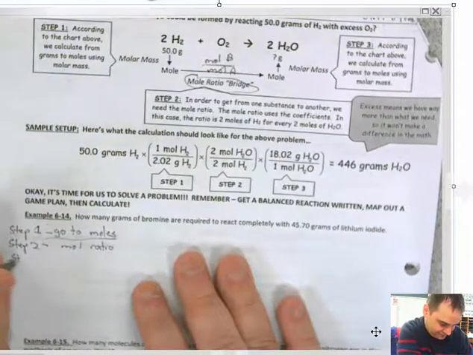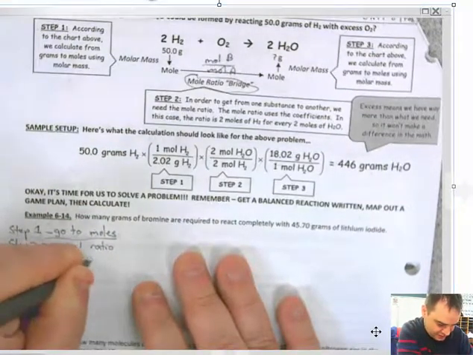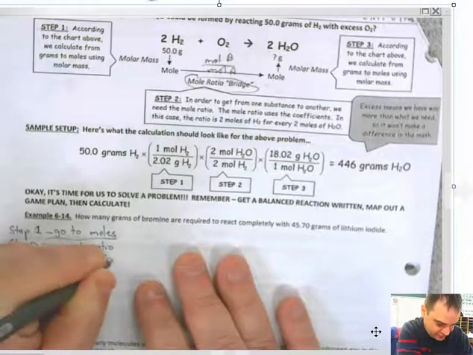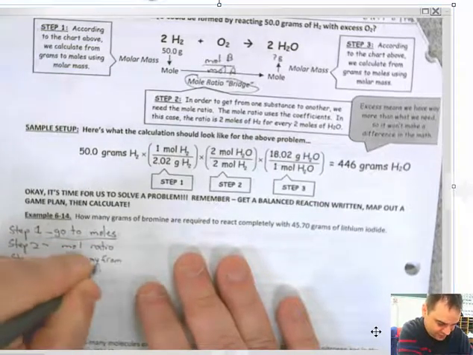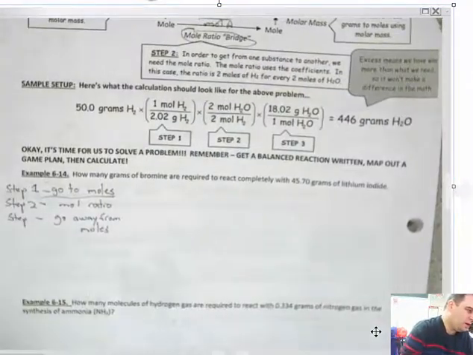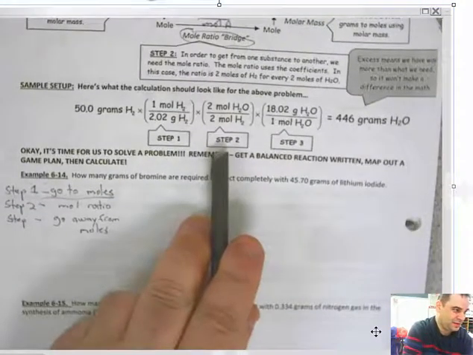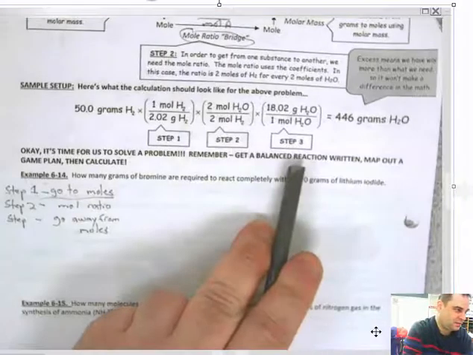Step 3. Go away from moles. That is how I solve all difficult stoichiometry problems. Step 1, go to moles, because it's the heart of chemistry. Step 2, mole to mole ratio. Step 3, go away from moles.